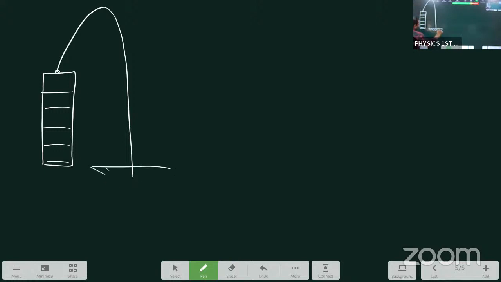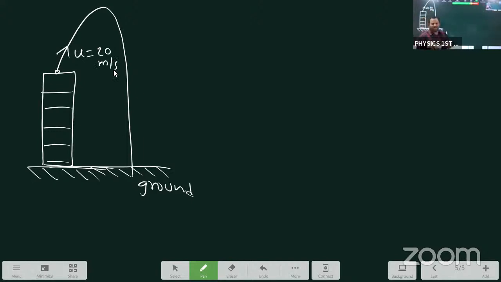So this is the building, a multi-story building like this. A body is thrown upwards. This is the ground. How much? U equals 20 meters per second. Multi-story building means first floor, second floor, like that, different floors.